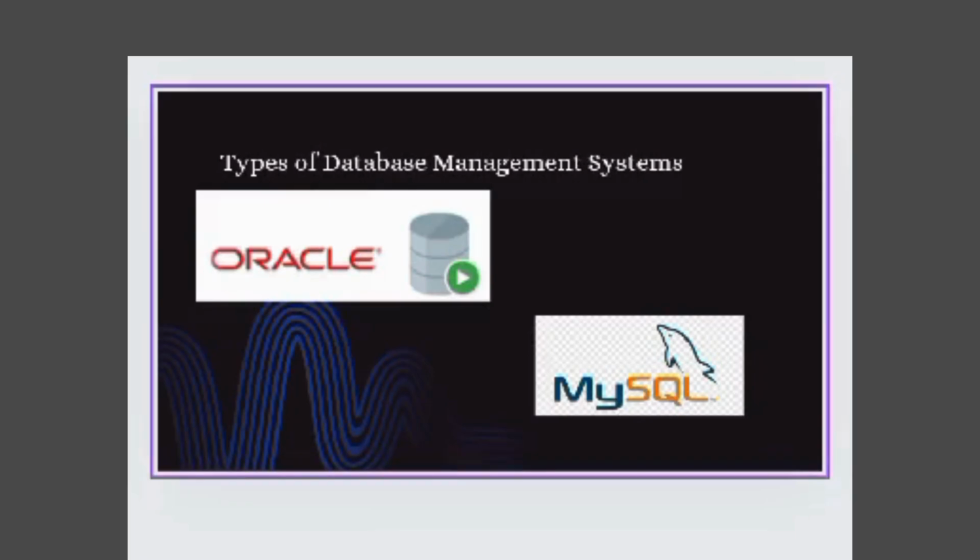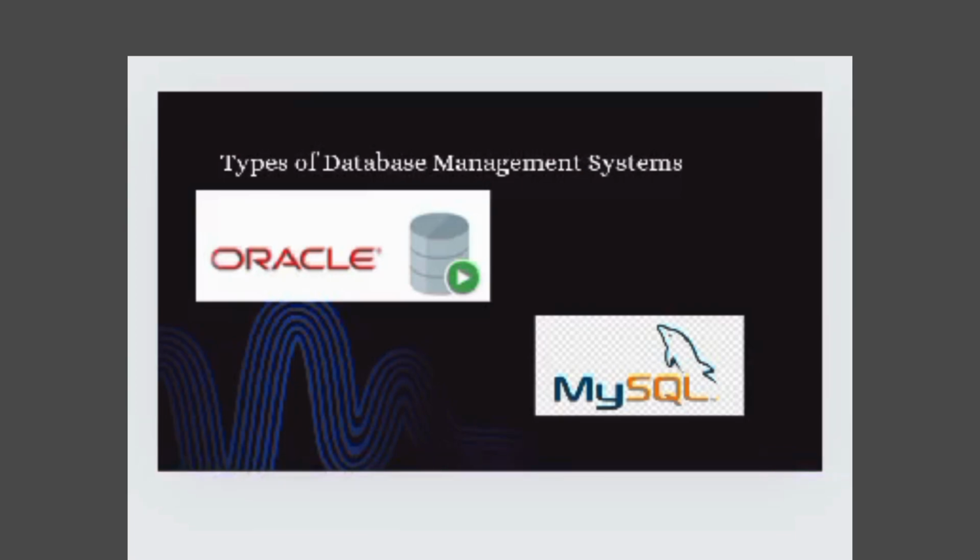Now we'll be discussing the different types of data management systems. I can't cover everything, but I will go over a few primary ones. The first is the relational database management system, which we used within this project.